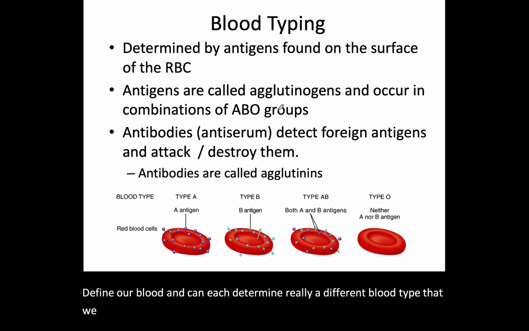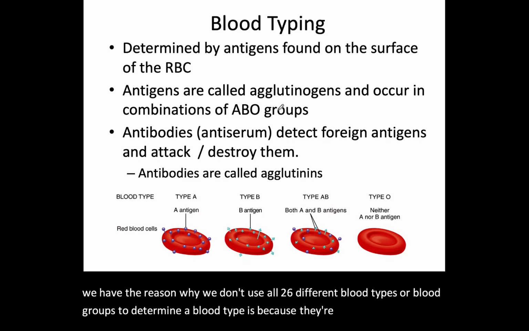The reason why we don't use all 26 different blood groups to determine a blood type is because they're not all reactive enough to be able to distinguish one from the other. But we do have two blood groups that are highly reactive, enough to where we can distinguish one blood type from the next.